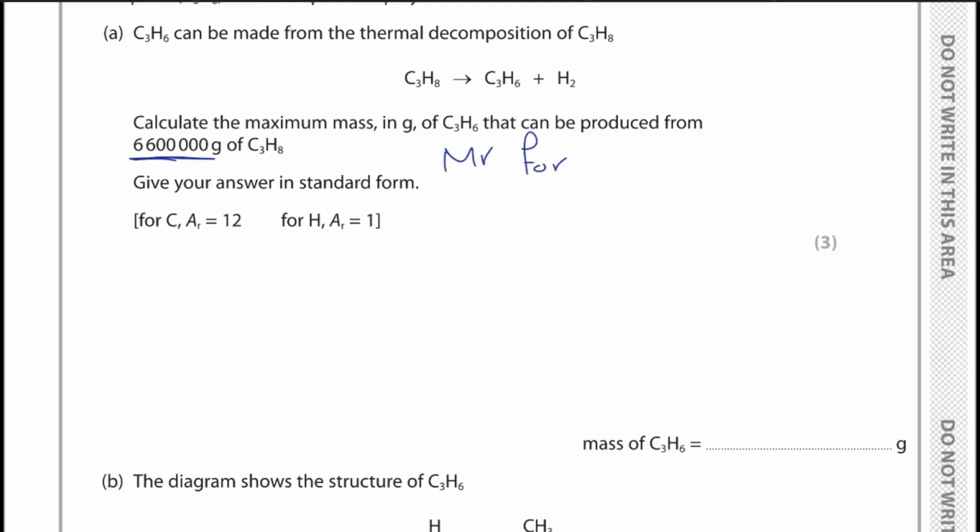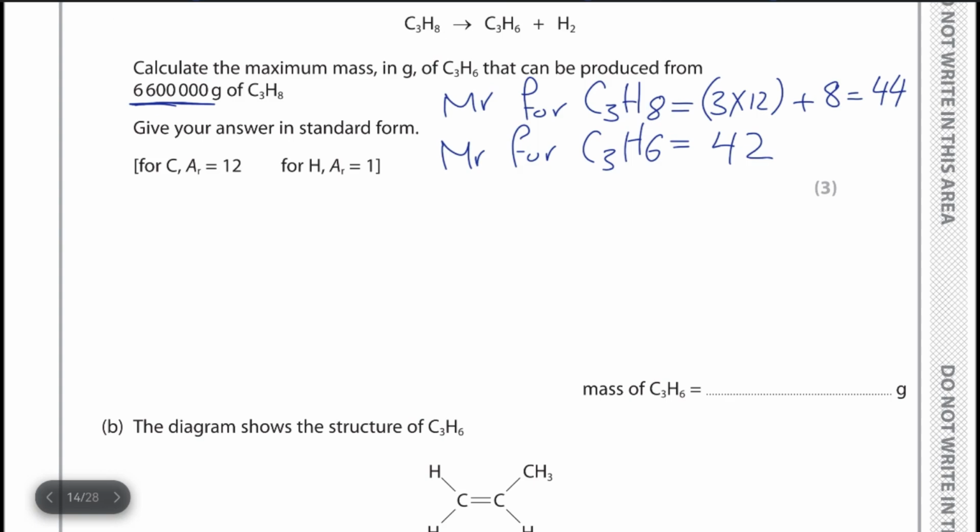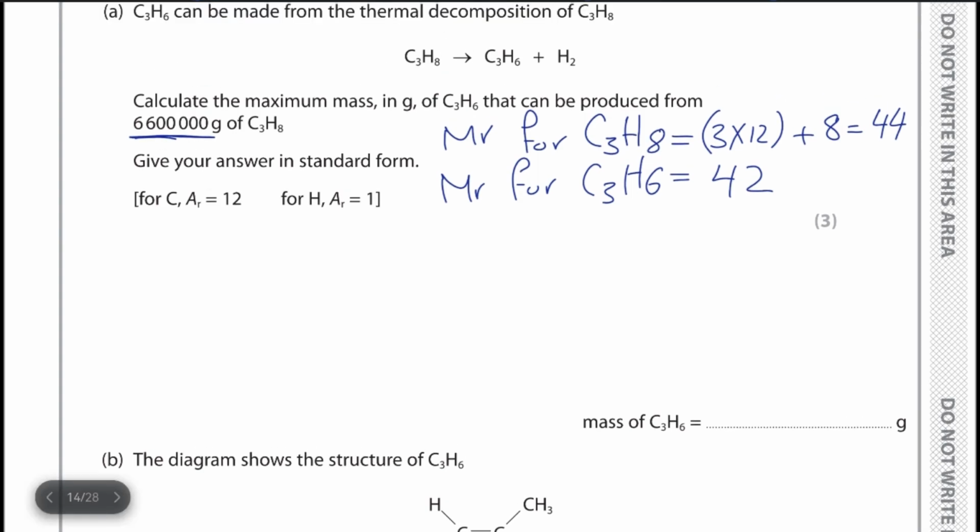MR for C3H8 is equal to 3 multiplied by 12 plus 8, equal 44. MR for C3H6 will be 42. Then we have to calculate the number of moles of C3H8, then multiply by MR of C3H6.